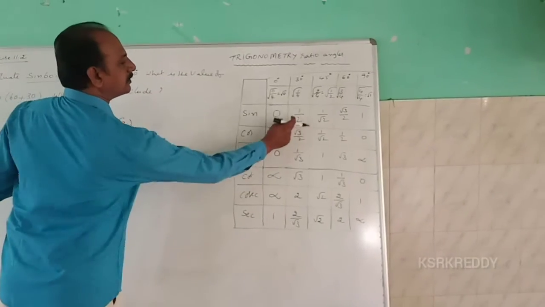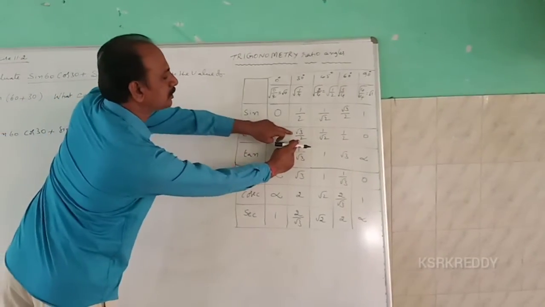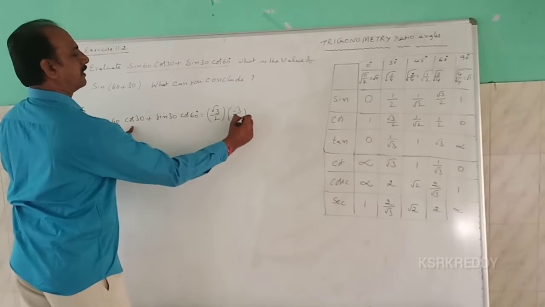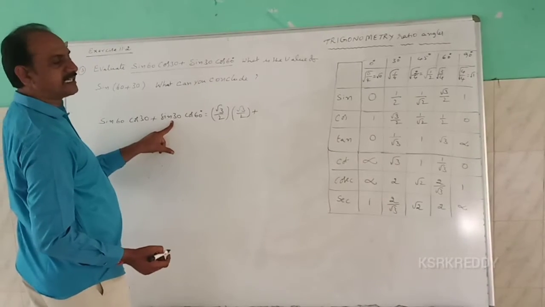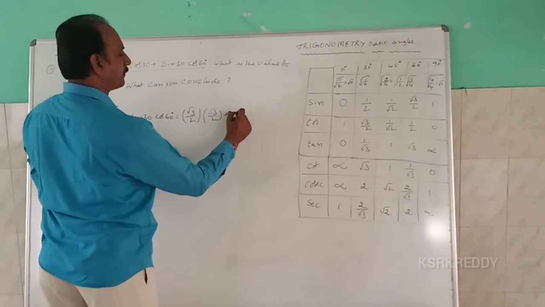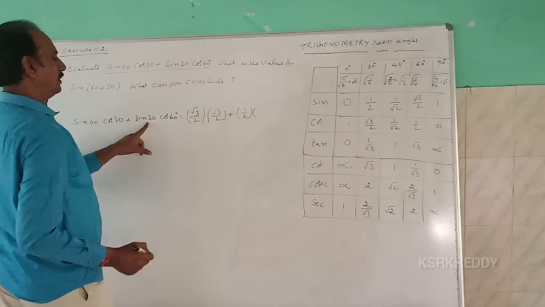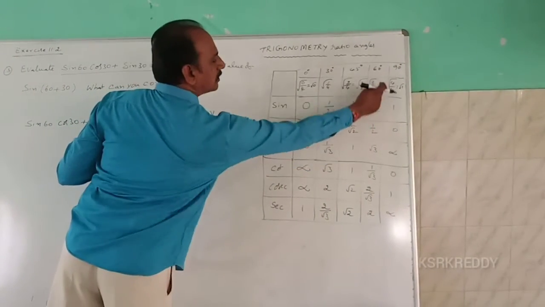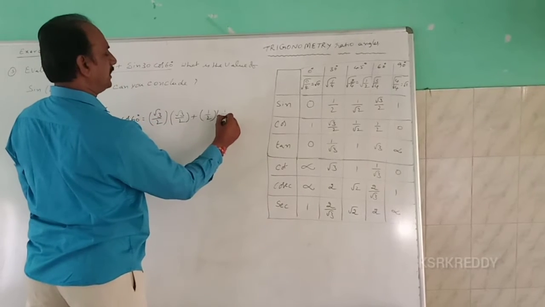Cos 30 value is root 3 by 2. Plus sin 30, which is 1 by 2, into cos 60. Cos 60 value is also 1 by 2, that is 1 by 2.